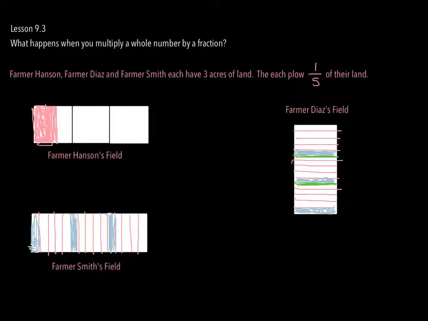This is split into a different field, a different acre. So this is 1 acre, this is 1 acre, this is 1 acre. Same thing here, only this one I stood sideways. So this is 1 acre, 1 acre, and 1 acre.